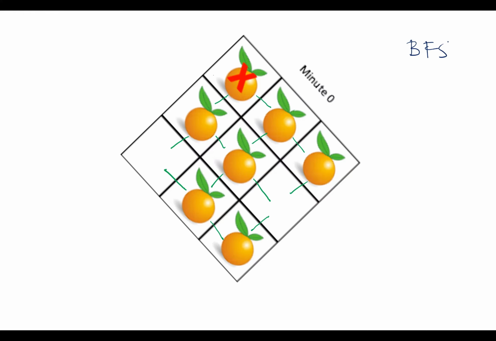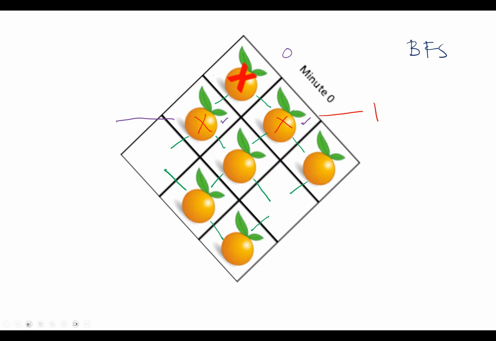As you see, this is time 0. At time 1, this node and this node are going to be explored. That means these two fresh oranges become rotten.